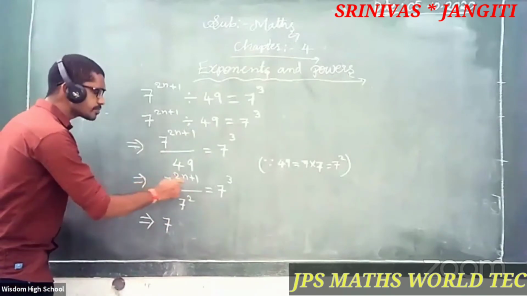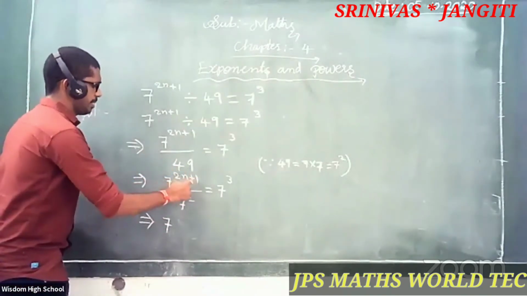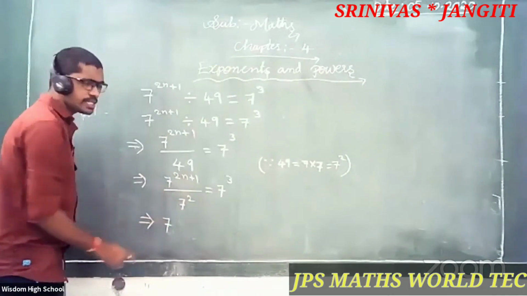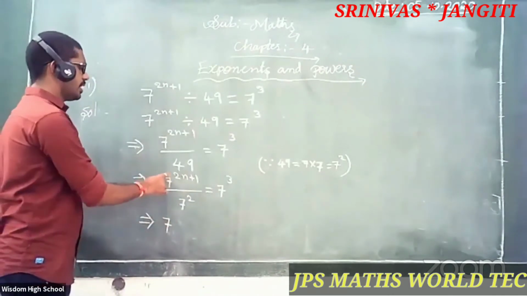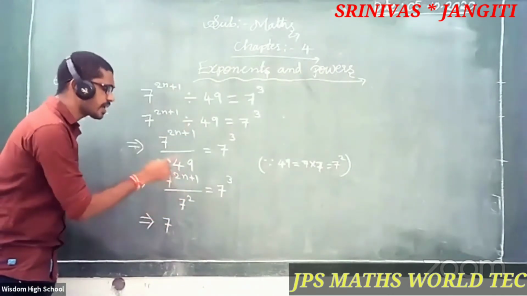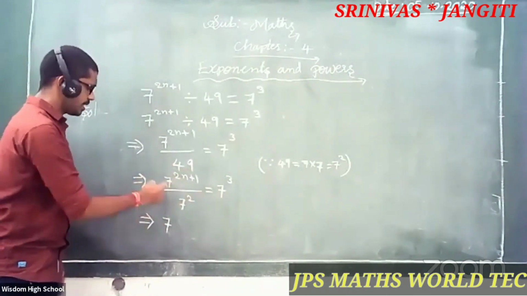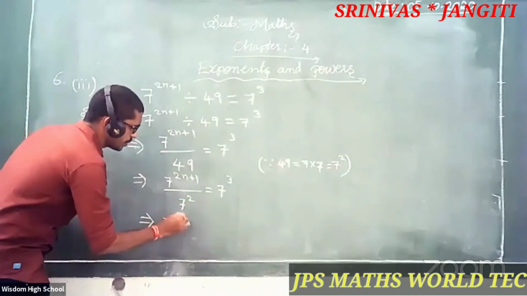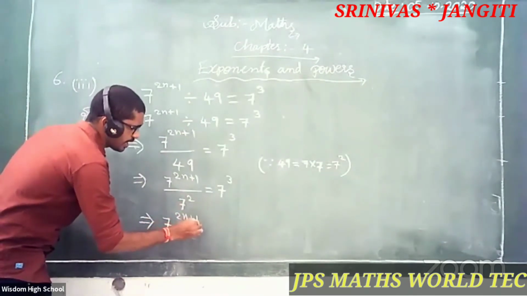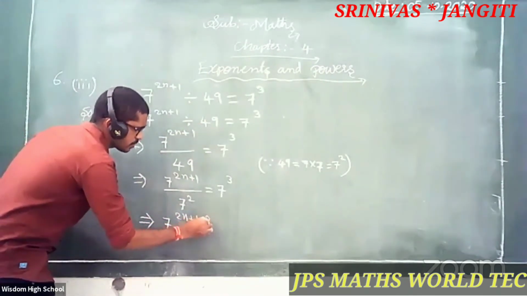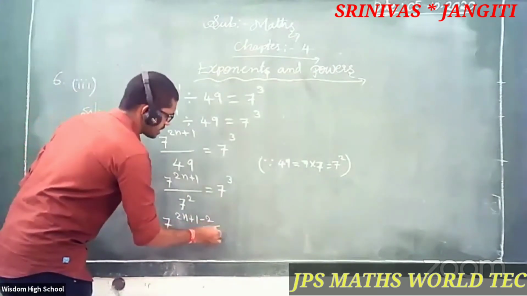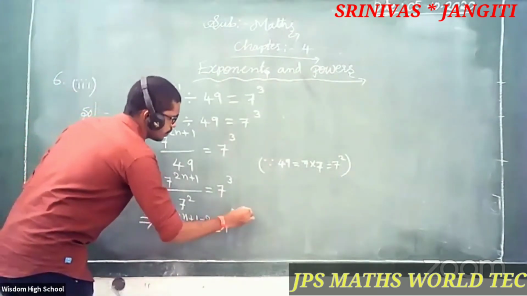Then here, 2n plus 1 is m, and 2 is n. So x to the power of m divided by x to the power of n is equal to x to the power of m minus n. Then here, 2n plus 1 minus 2 is equal to 7 cube.